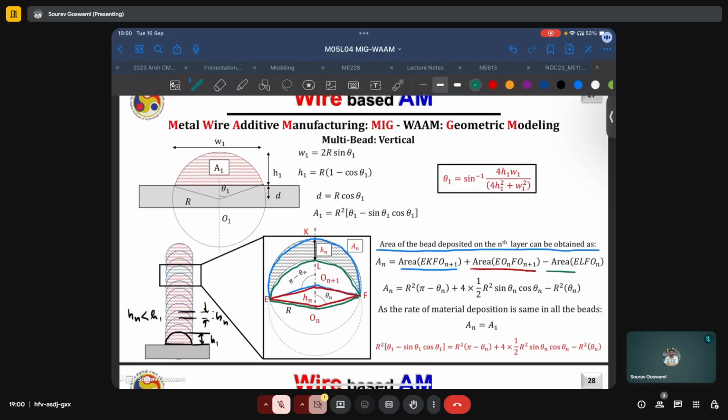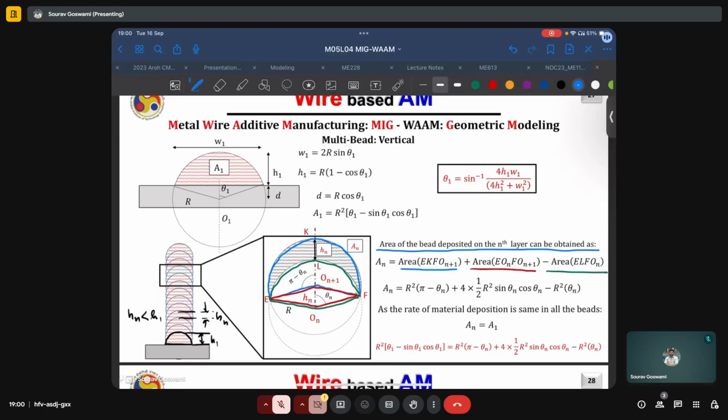If we do this algebraic operation, we can find the area AN of this area hashed in black, and that is exactly what is done. So AN is equal to R squared times (pi minus theta n) plus 4 into half R squared sin theta n cos theta n minus R squared theta n.